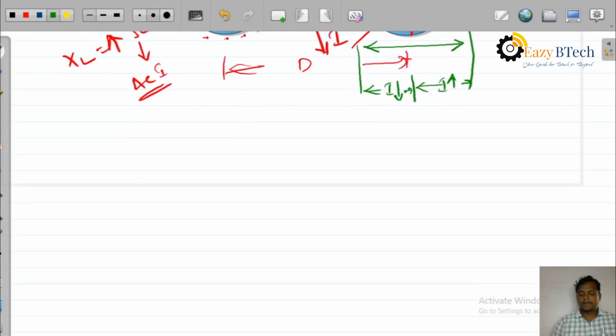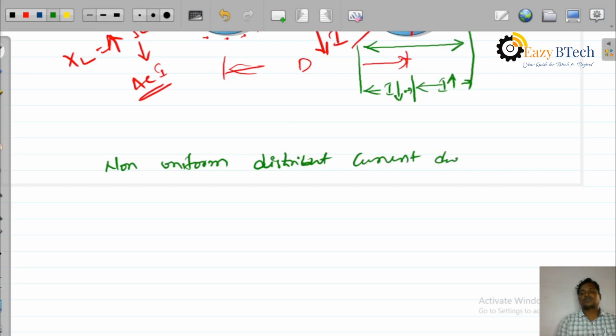This is the non-uniform distribution of current due to proximity effect.